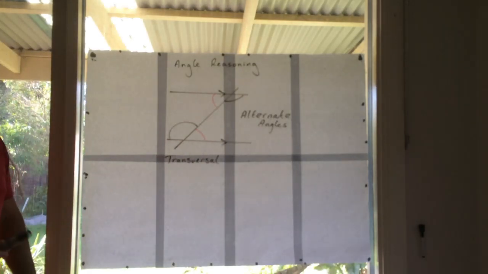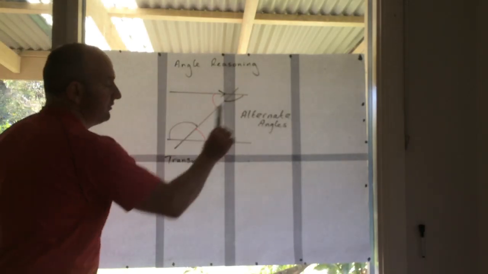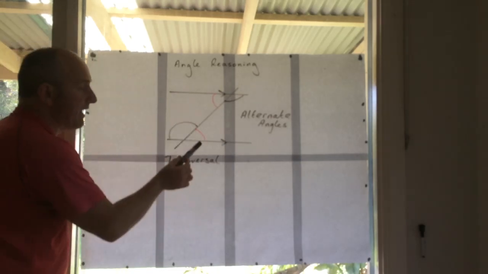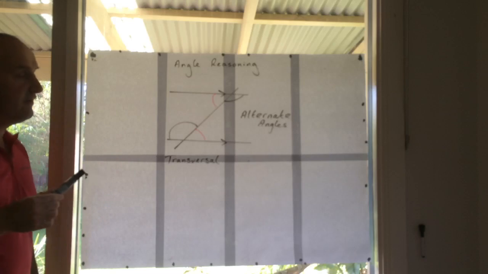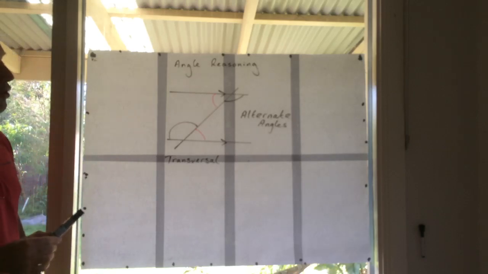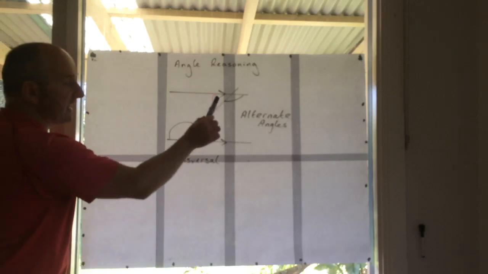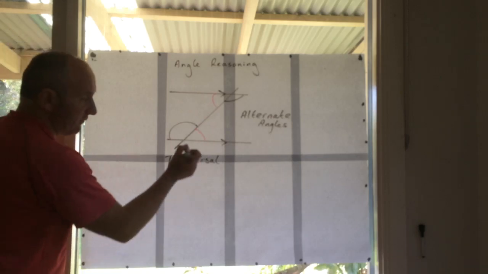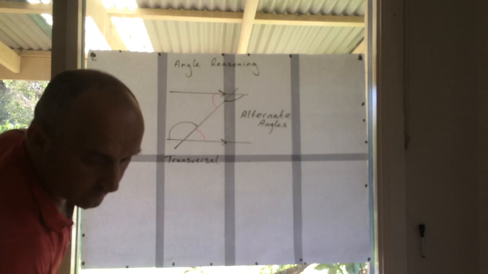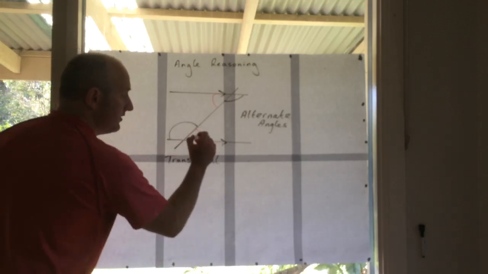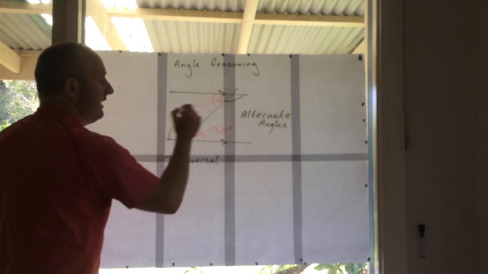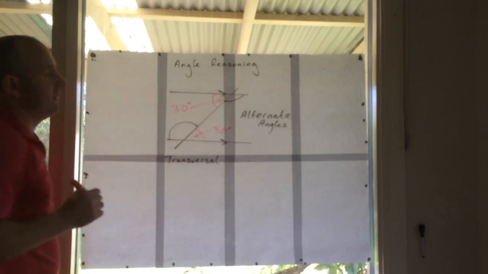So when I'm looking for a Z shape, and if I see a Z shape with parallel lines, they've got to be parallel lines, I know I'm looking for alternate angles. This angle is the same as this angle here. So if this here was 30 degrees, I know that this angle here would also be 30 degrees.